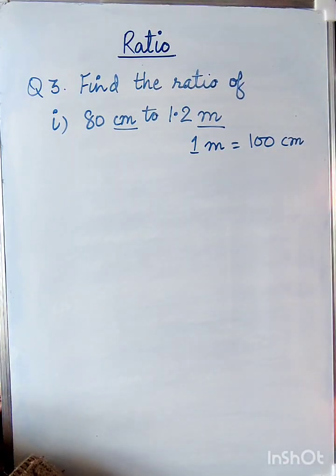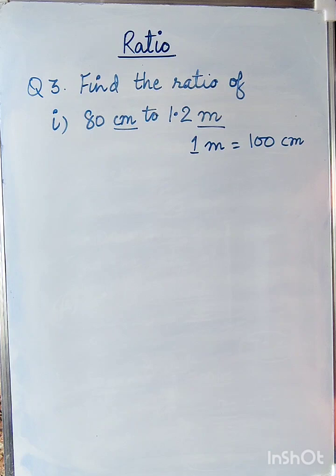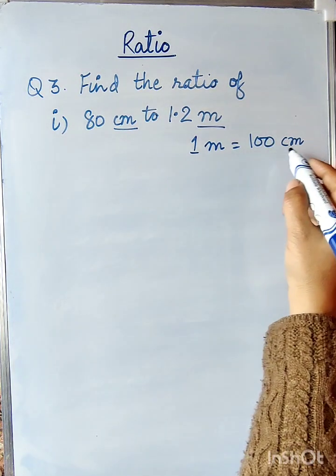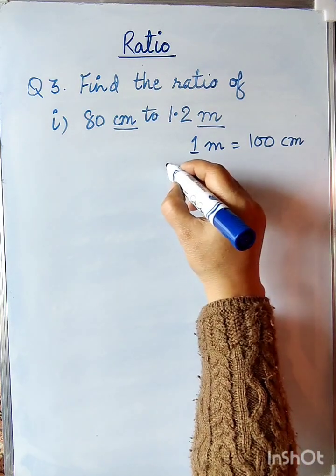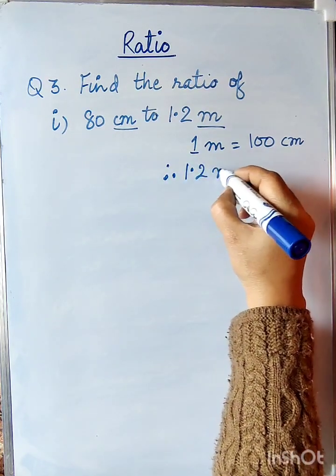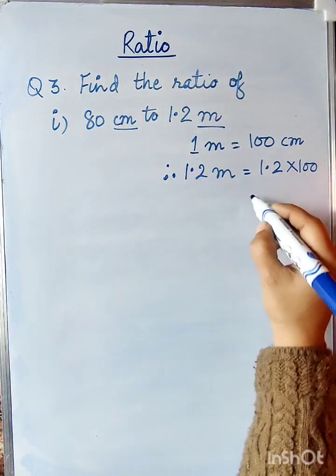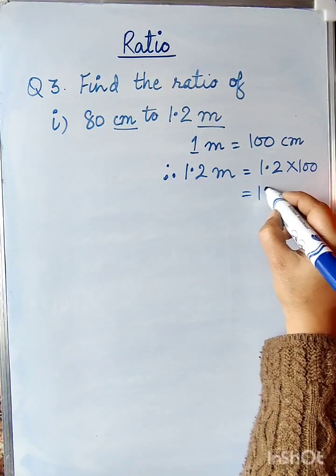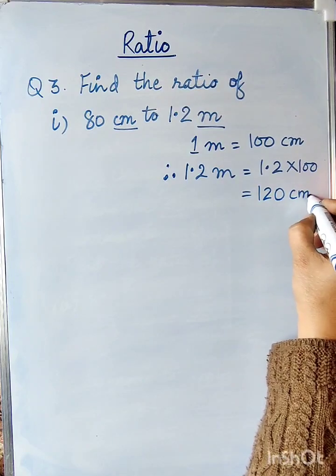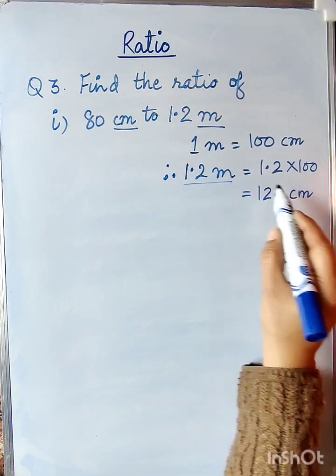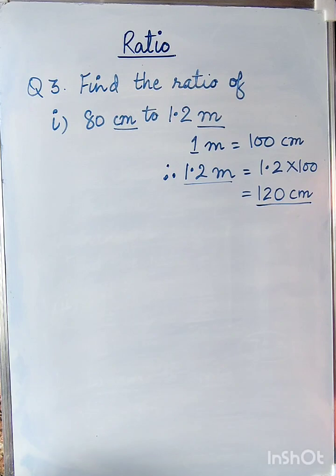For these ratios you need to learn the conversions, so be very sure that you know them. So 1 meter is equal to 100 centimeter. Therefore 1.2 meter will be equal to 1.2 into 100. When you multiply this, you will get 120 as the answer. So you have changed 1.2 meter to 120 centimeter.